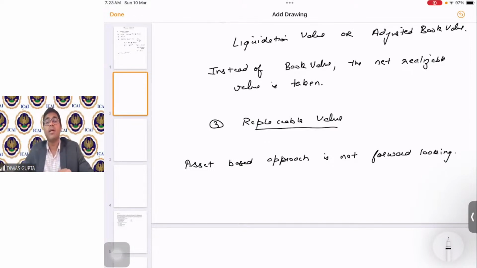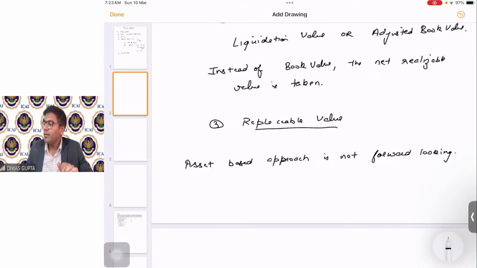It always goes through the past and tells you these are the recorded assets and liabilities. Now you value them as per NAV, realizable value, or replaceable value. Where is the question of future increase in profitability, or the correct valuation of the business from a futuristic perspective? In the future, a lot of things can change. Let's say we are expecting a good amount of growth that is not reflected in these values.